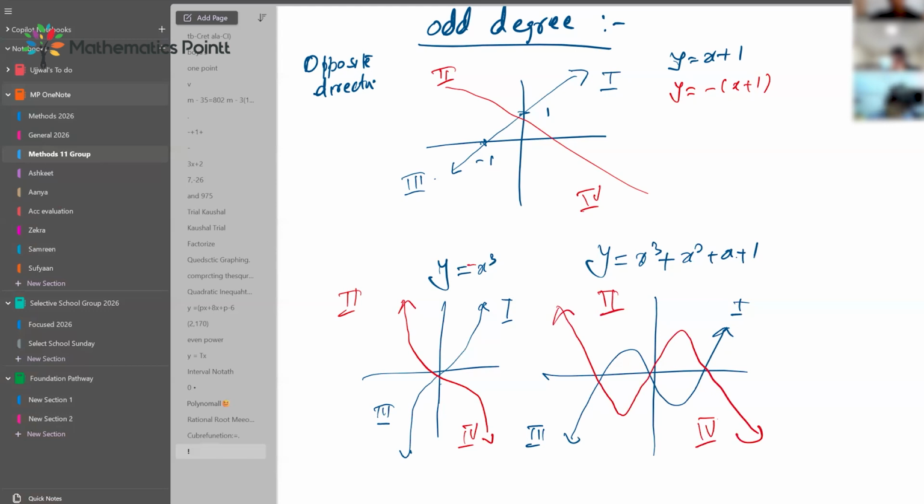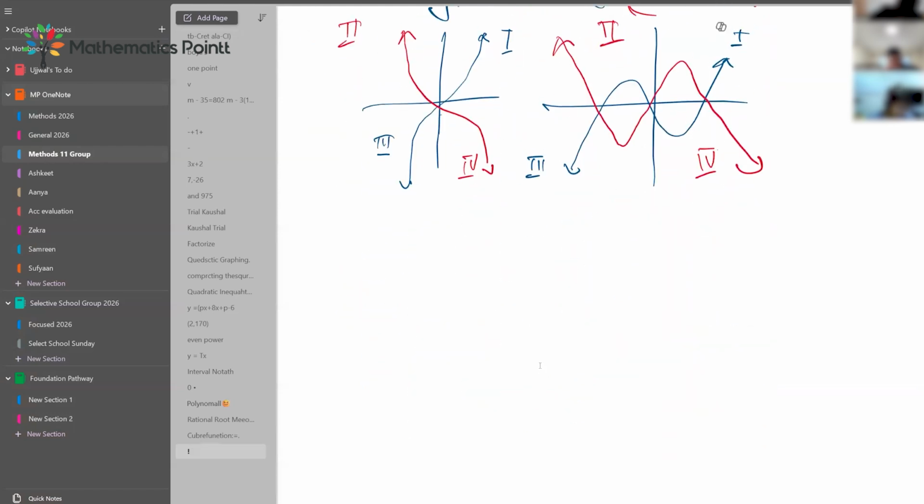If it's a reflection, that means if I have a minus outside, this reflects in the opposite direction. That is the very, very basic principle of how the shape of the graph and the arms of the graph look like.